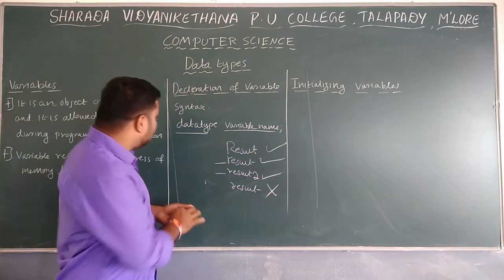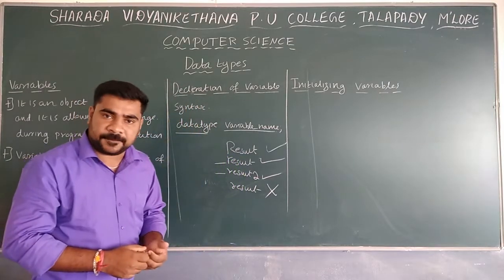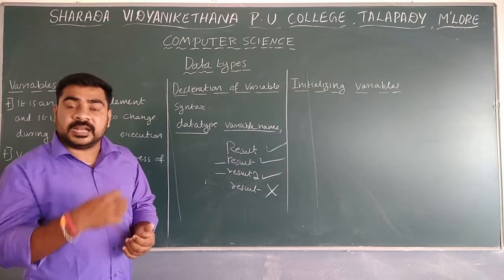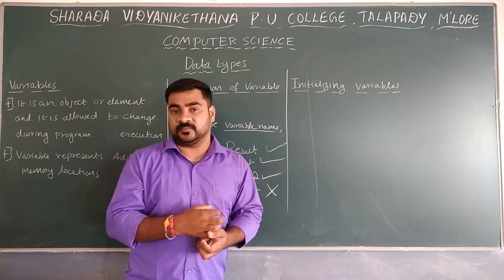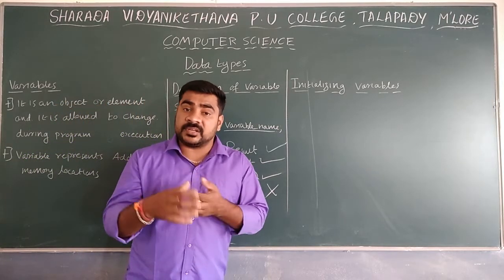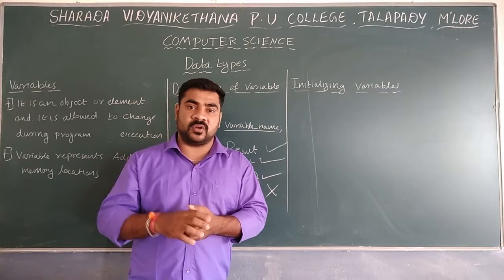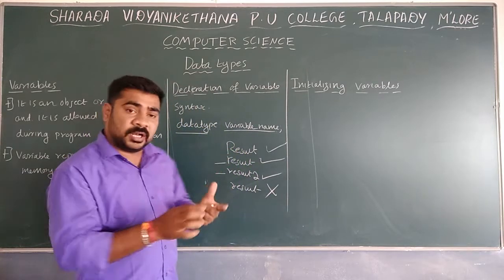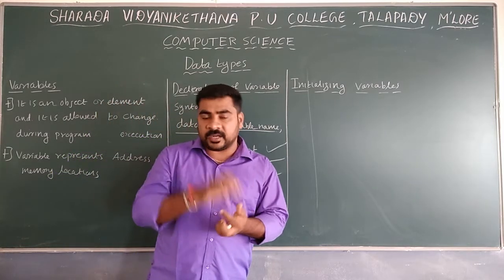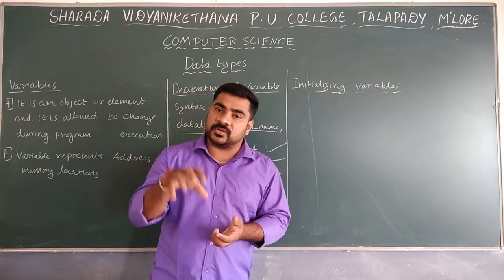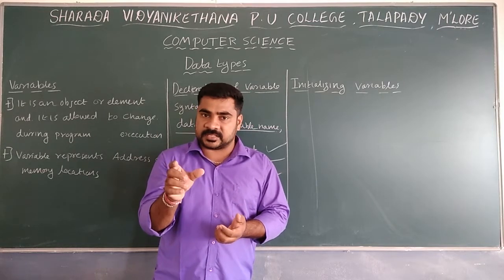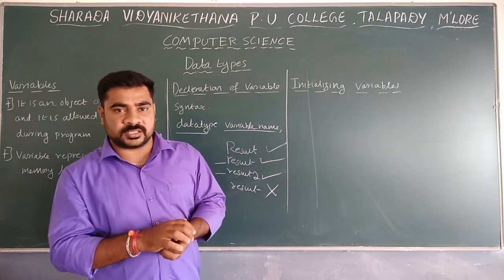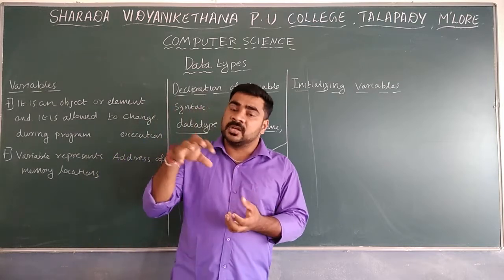So what is the data type? The data type specifies the type of the data. When you take a variable, we are storing particular data inside it. Variables are actually memory locations, and in that memory location we store some data.